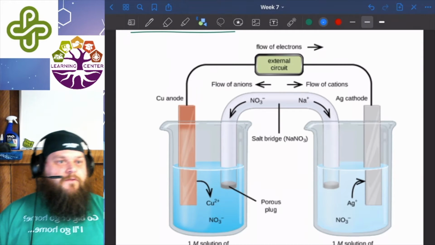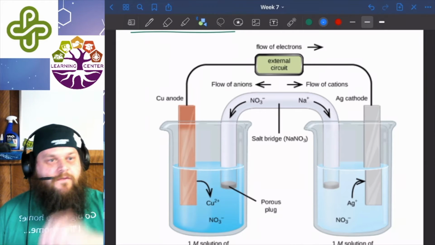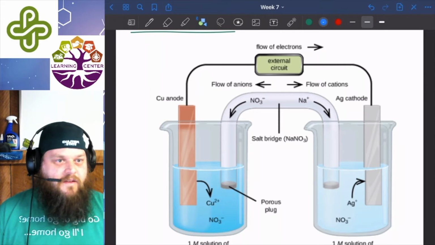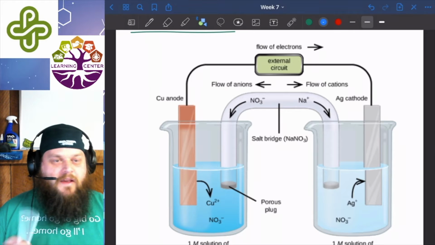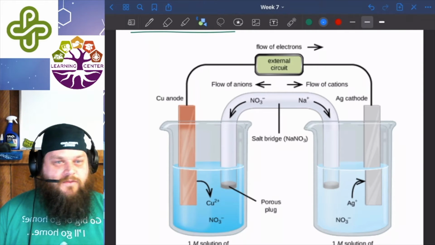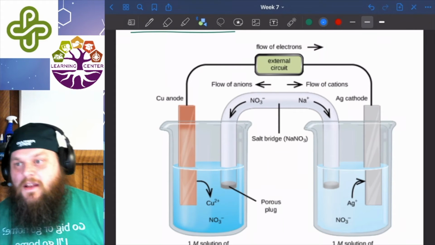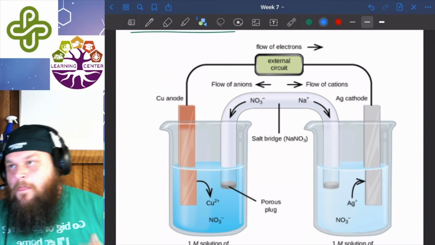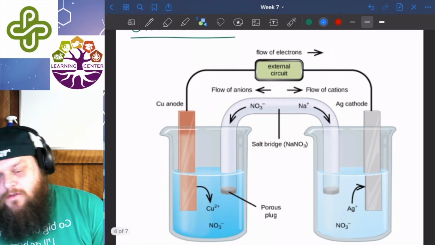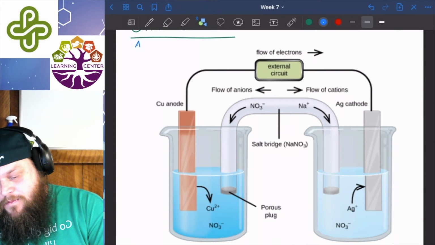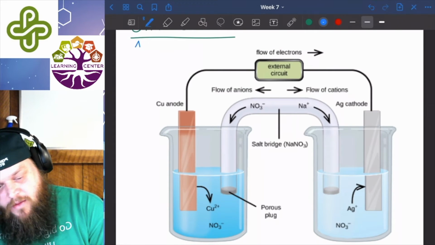And this electrical current is essentially the flow of electrons from one side to the other. And they happen because of this transfer of electrons in this redox reaction, the spontaneous flow of this. It only happens in spontaneous redox reactions. So I can say, let's draw with the right.